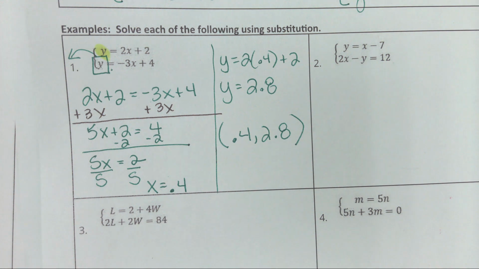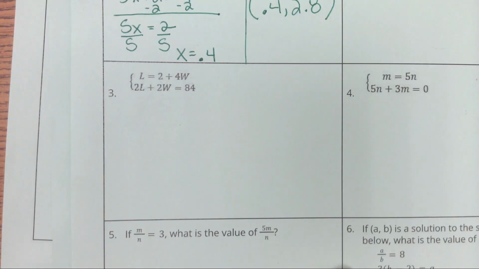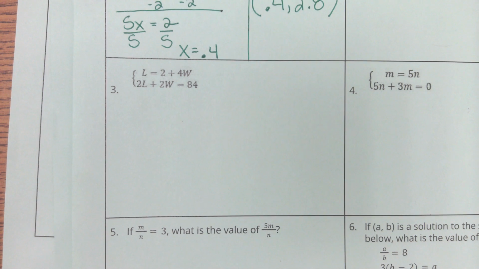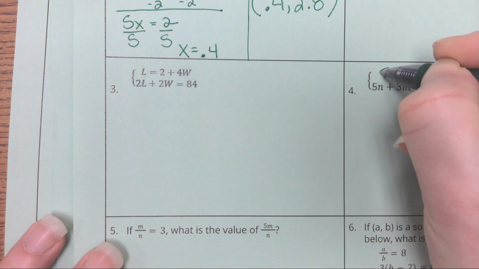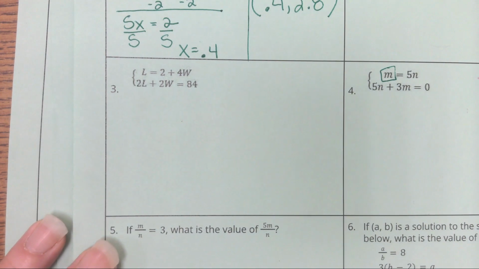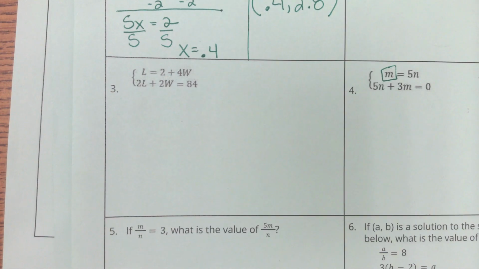Let's do example 4. What variable is alone in example 4? M. Would you kind of put a box around M or highlight it? Would you find the M in the other equation and put a box around that?